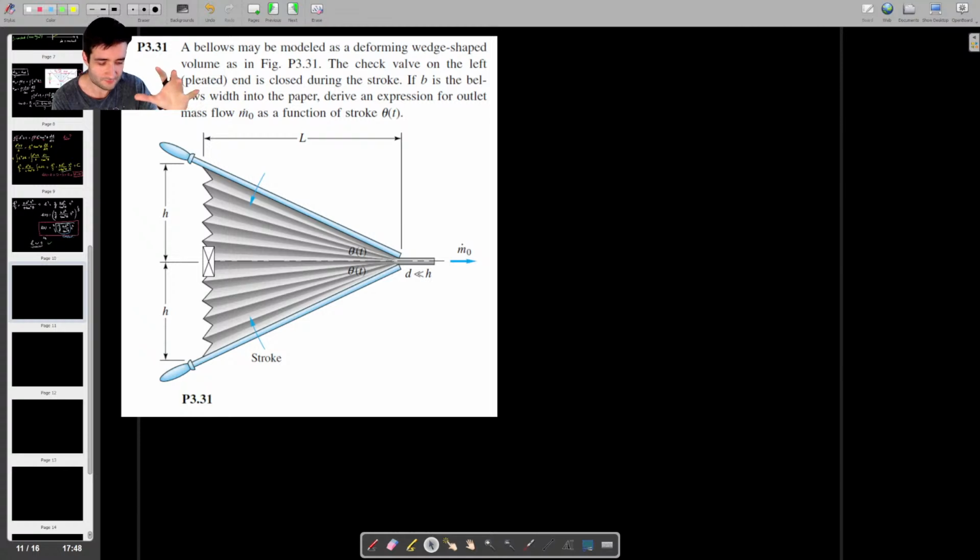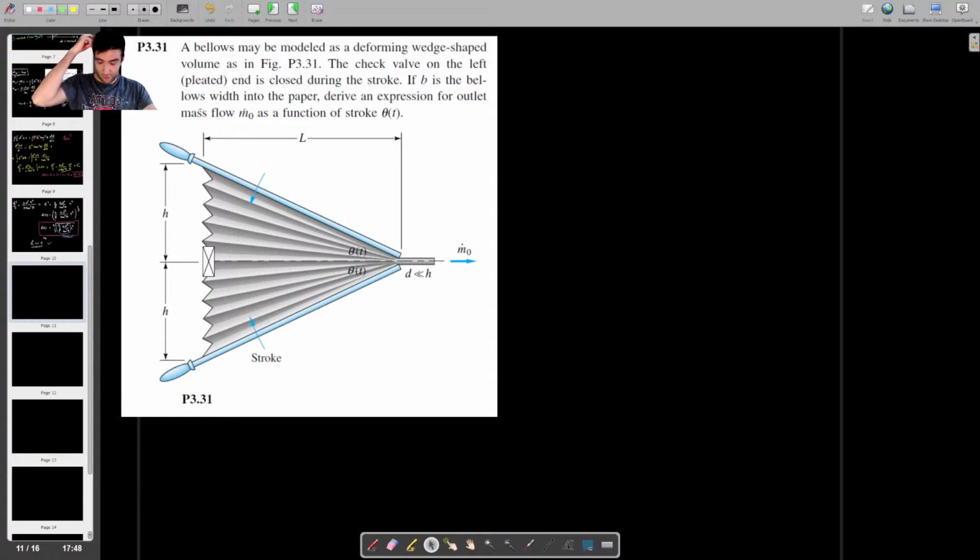They used to use this in cartoons to blow air into the fire to make the fire stronger. And I've never seen one in real life, so I assume they're not really as common anymore, but they make a nice fluid mechanics problem at least.